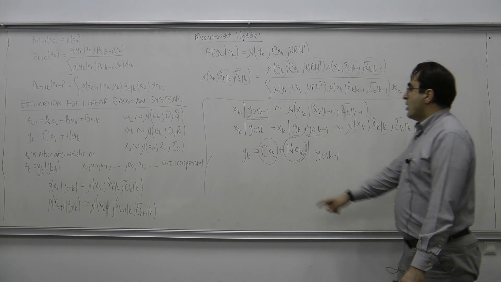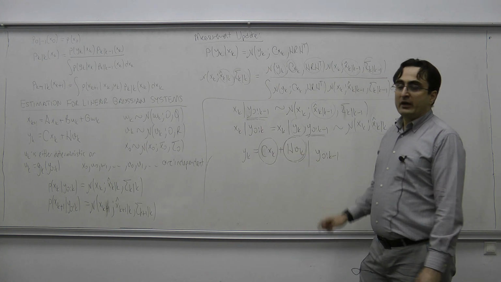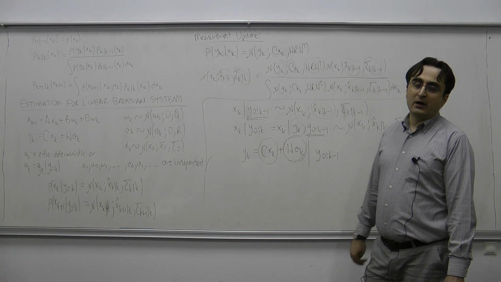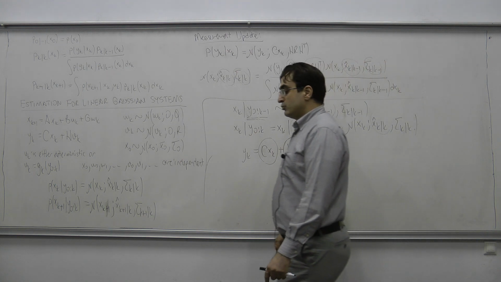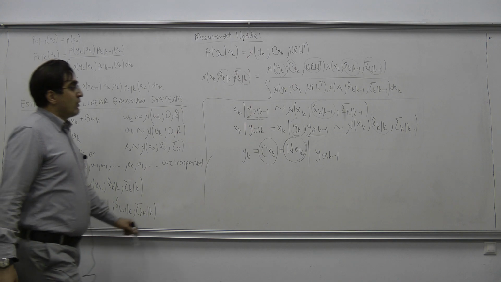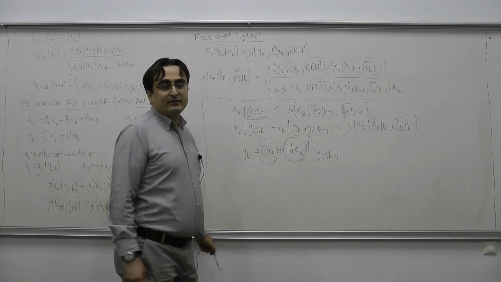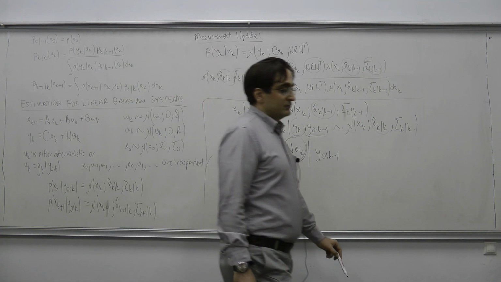That means that yk and xk, given y0:k-1, are jointly Gaussian. This is the important point here.